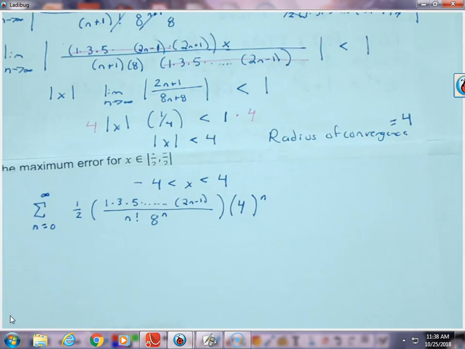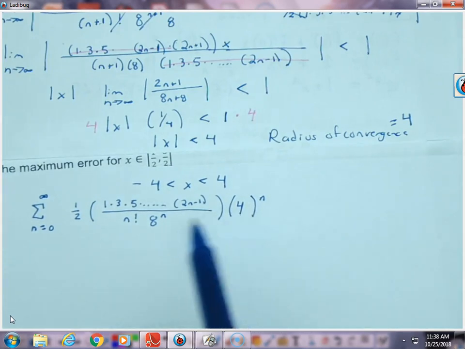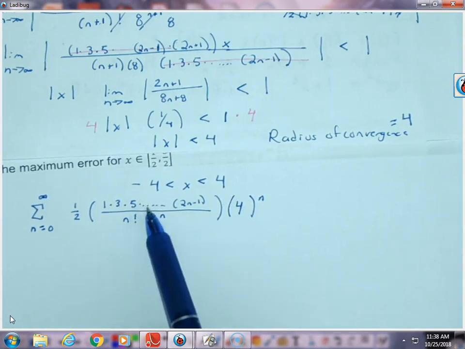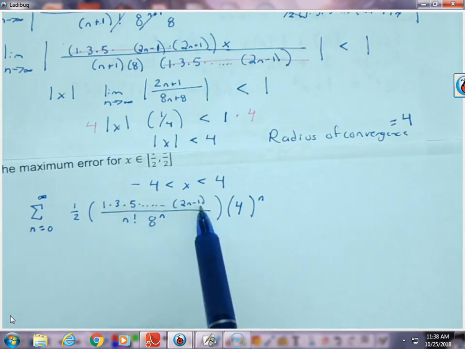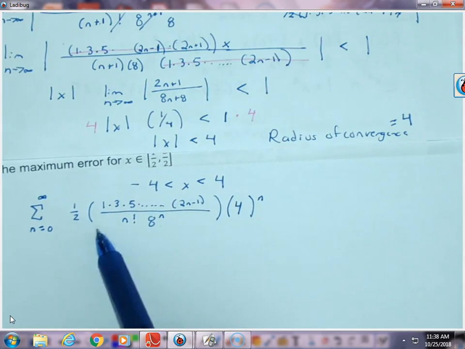But I think it's going to go to 0 if you do the limit test, because this is bigger in the bottom if you compare this and this. And n factorial would be bigger than that because this is doing every single number and this one's doing every other. But it's also times 1/2.